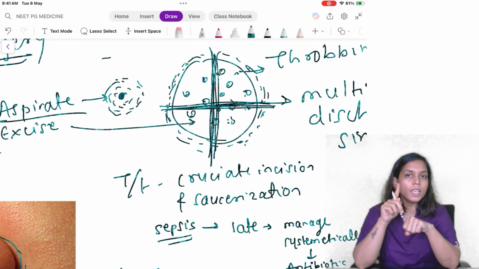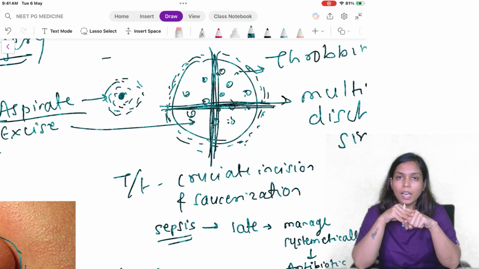So you need to keep it open, do daily dressing, and if the surface area is very large, then one has to perform grafting.